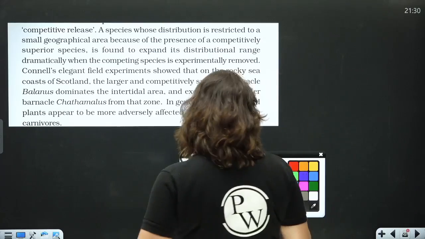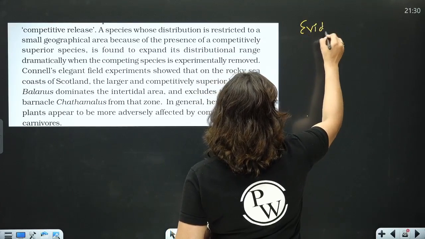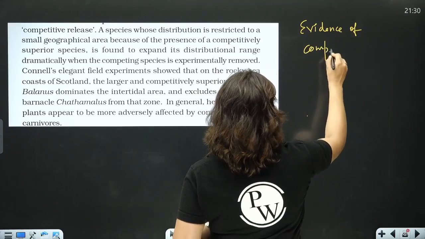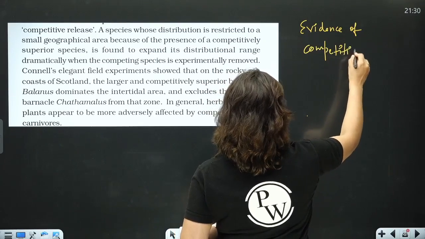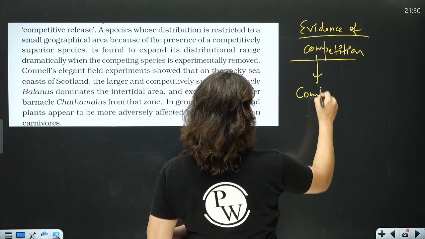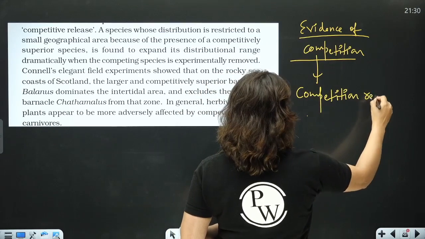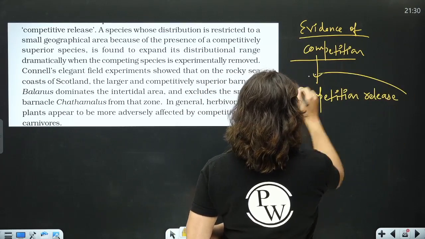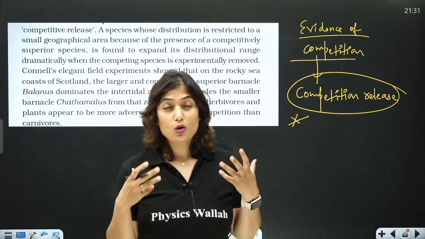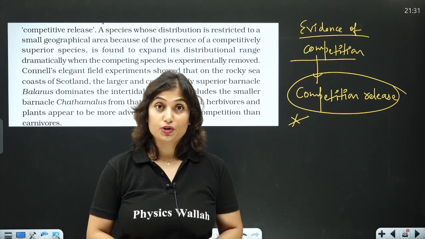Then a question comes: what is the evidence of competition? How can you give the evidence that competition is happening? The evidence of competition is competition release. How will you understand that competition is happening? By competition release.